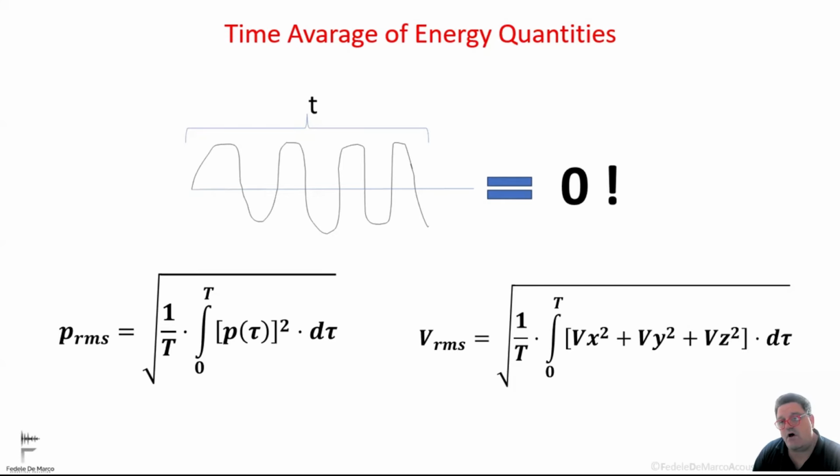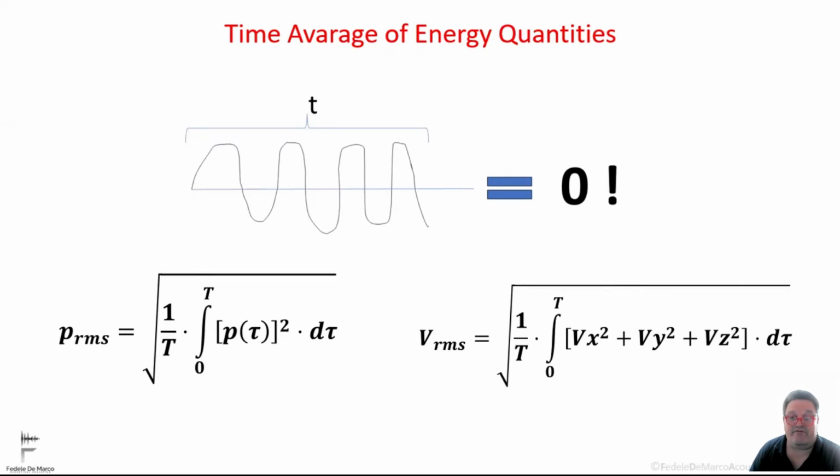So we need to make not an average of pressure, but an average of the energy associated to the pressure. Compressing air is like compressing a spring, creating a compression in which you trap energy that is proportional to the square of the pressure. Okay, it is the potential energy.